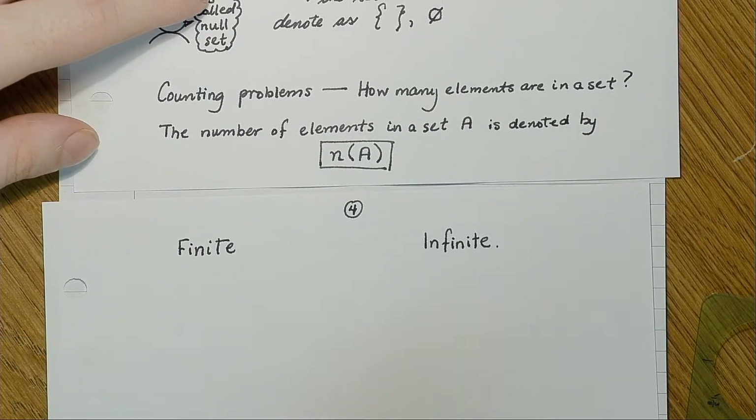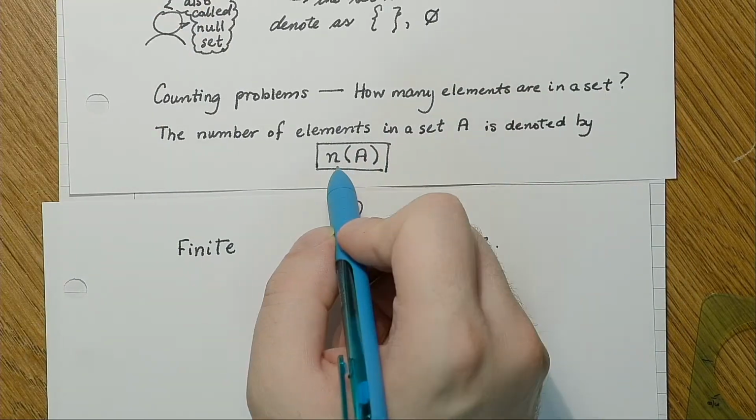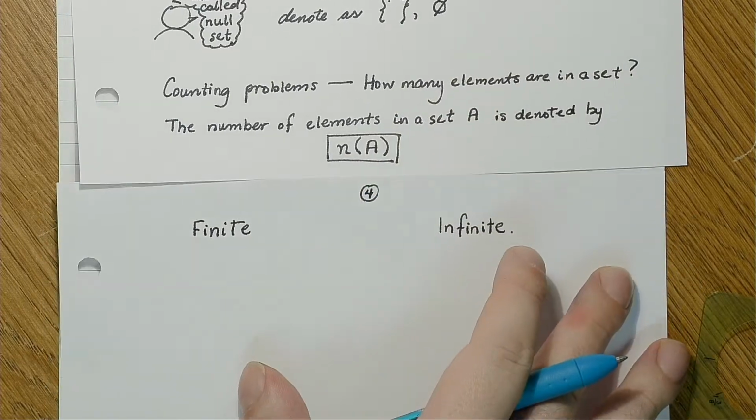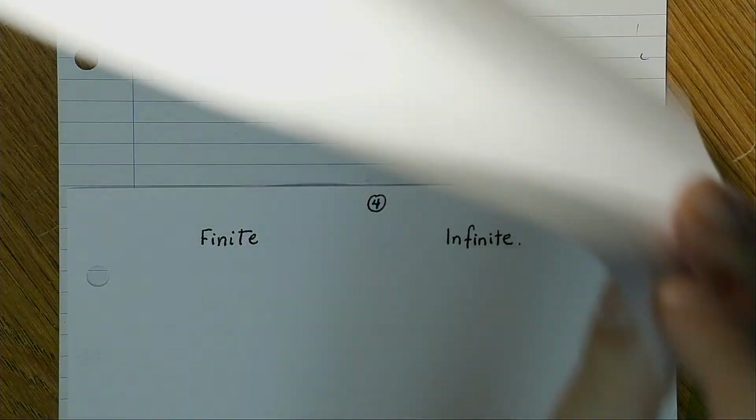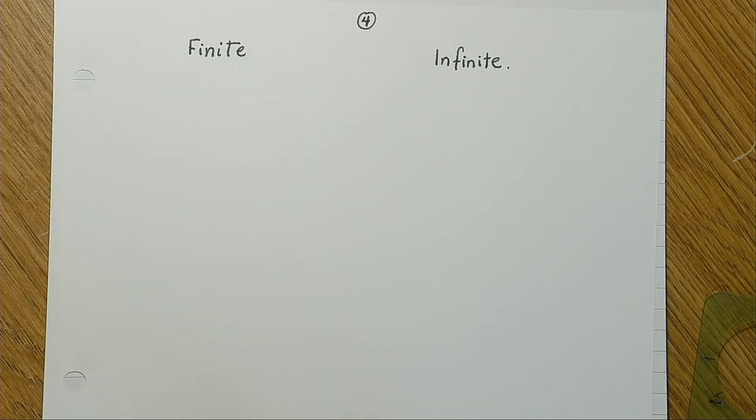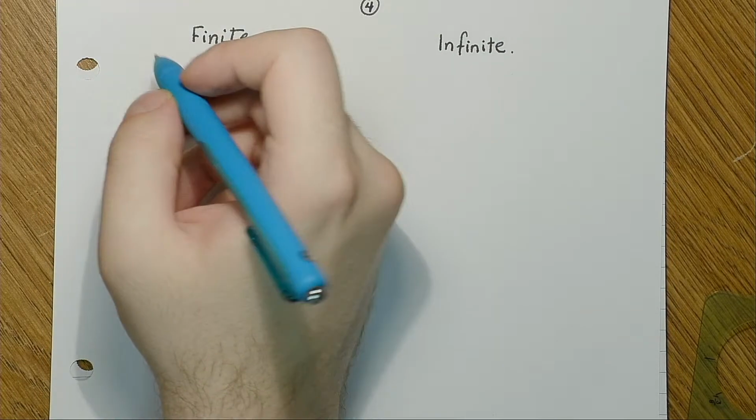So we'll use this notation to mean the number of elements in the set. So you can have finite sets. Here are examples of that.